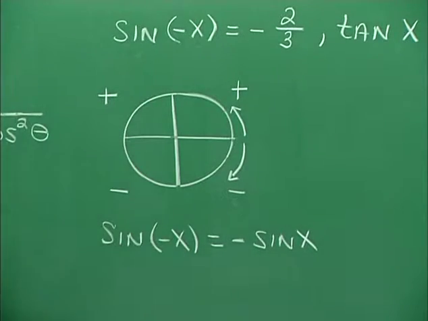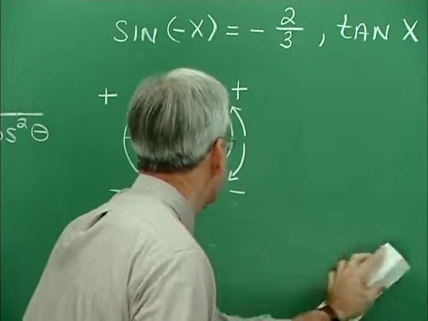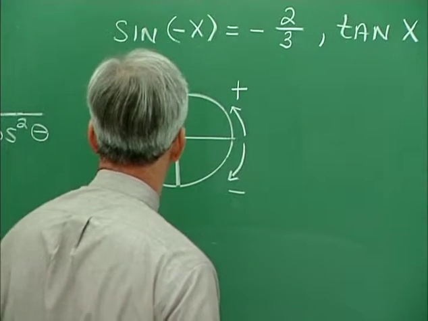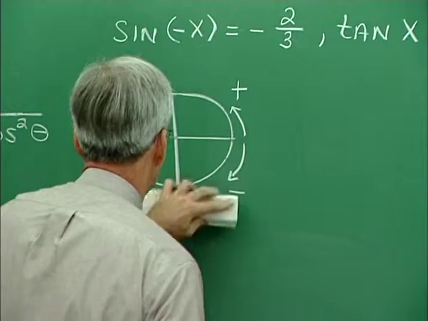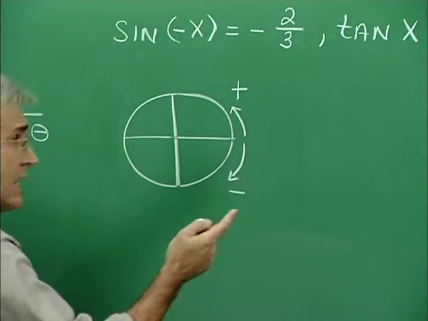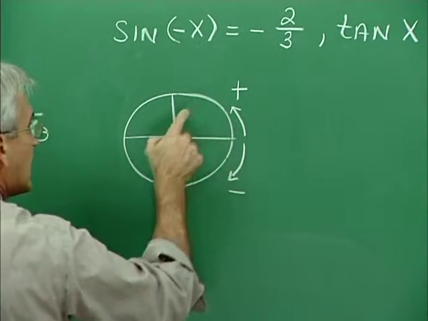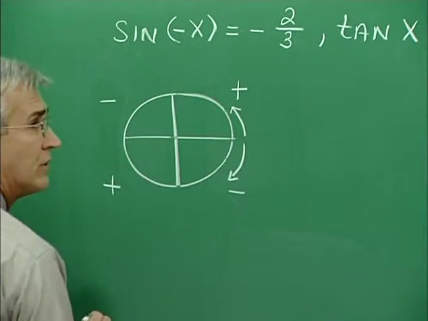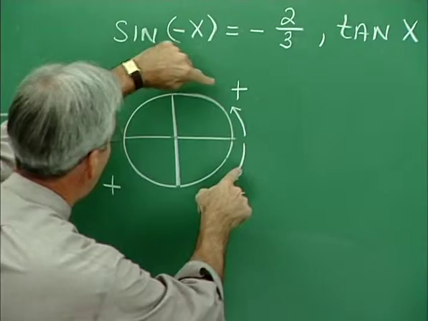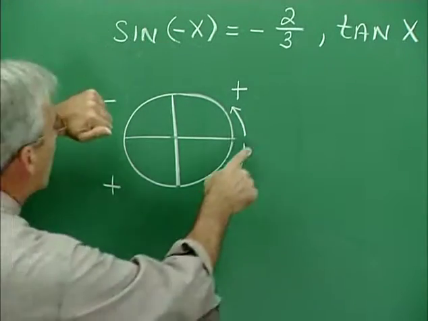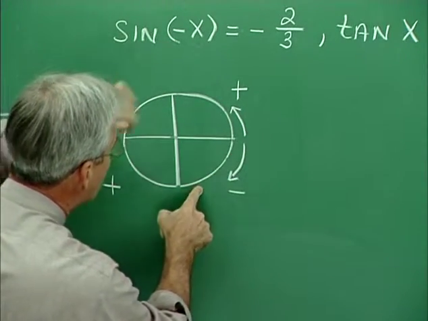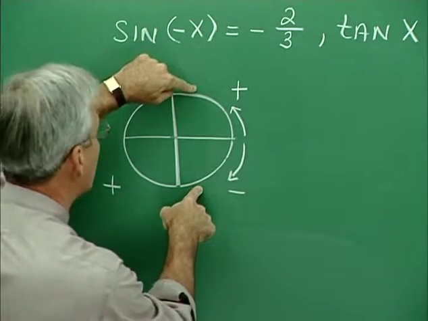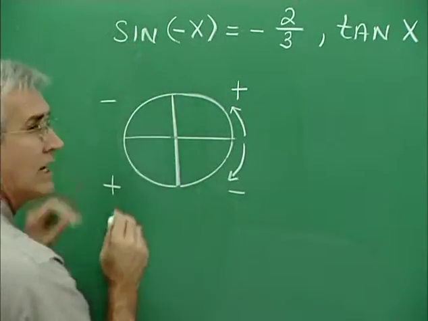And the reason for it is this: tangent and cotangent are positive in this quadrant and this one, but negative in these two. And so as we come around like this, our negative angles correspond with the negative of these positively generated angles. All right, so it's the same idea as we had with sine.